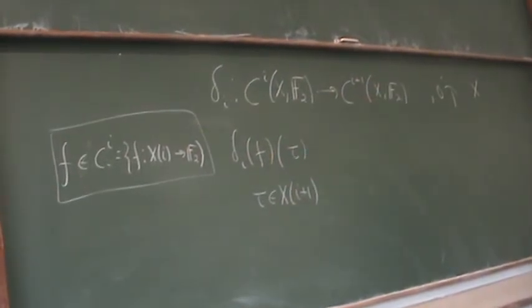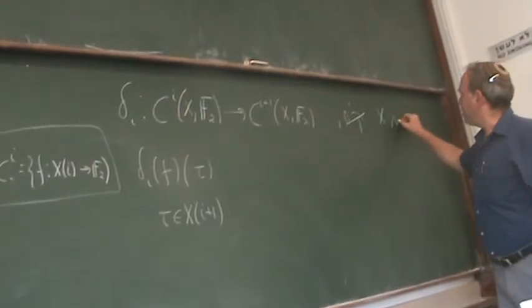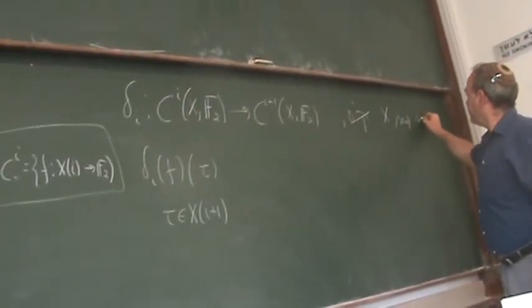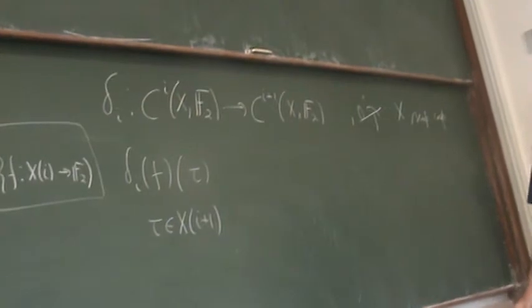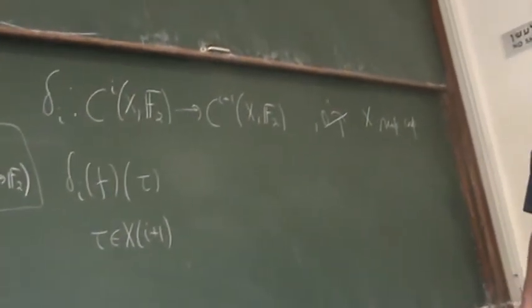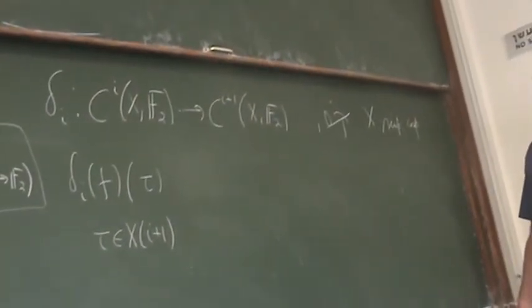We looked last time at X, a simplicial complex, and we have a map δ_i, the coboundary map from C^i to C^{i+1}.